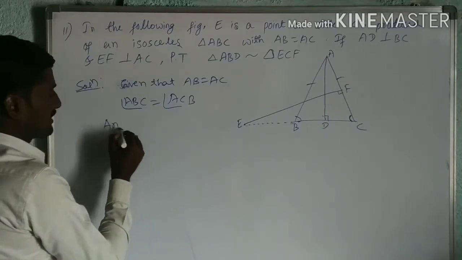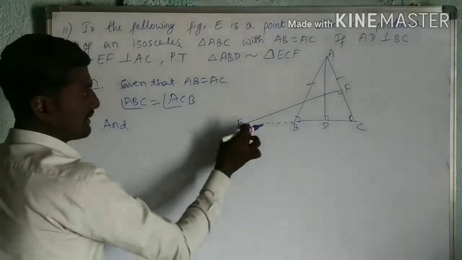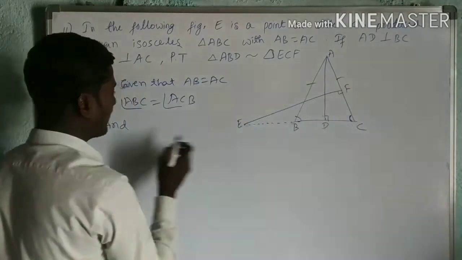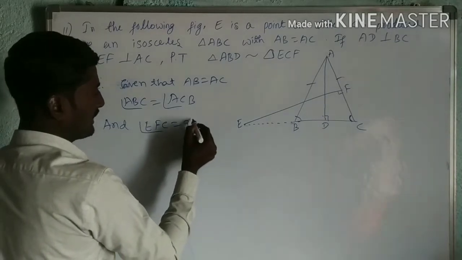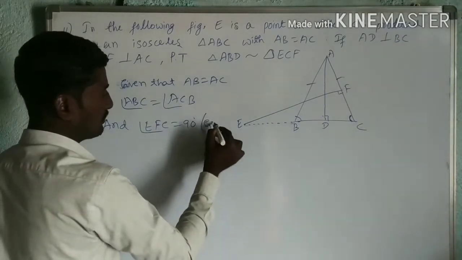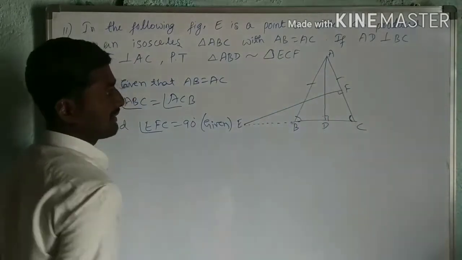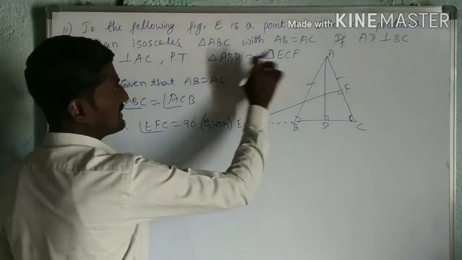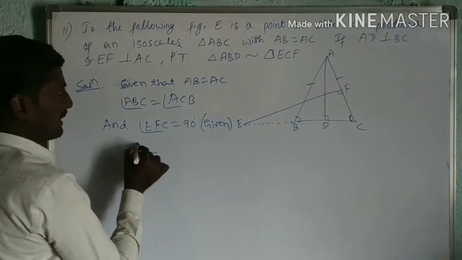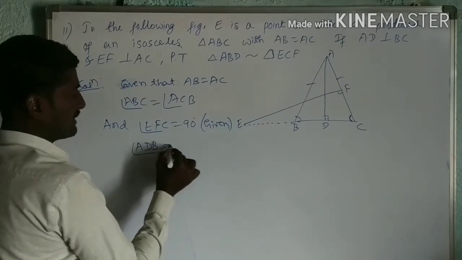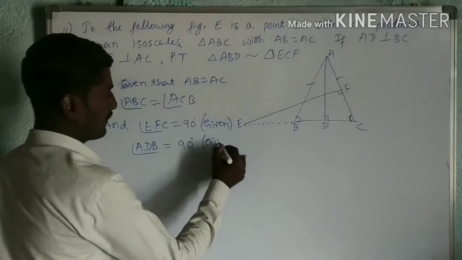And next, what can I write? In triangle ECF, angle EFC is equal to 90 degrees. It is given. Then in triangle ABD, angle ADB is equal to 90 degrees. So this is also given.